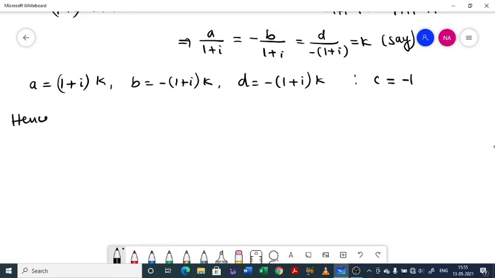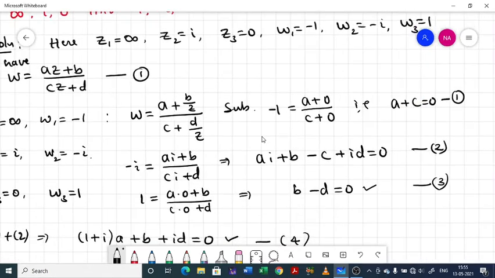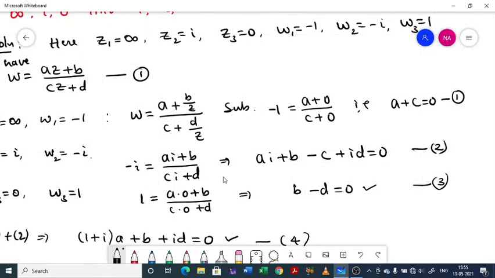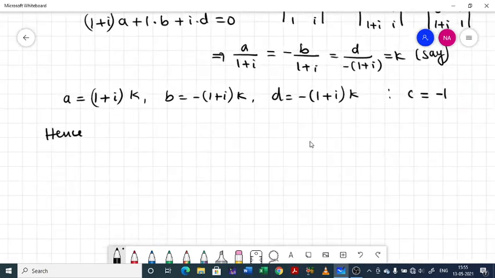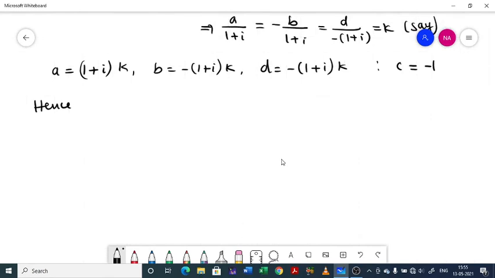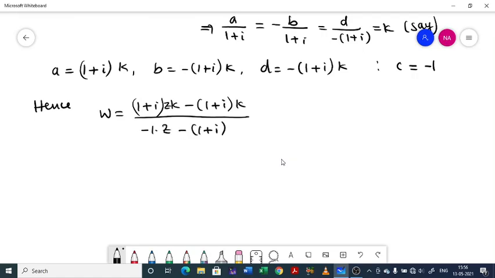And now by substituting these values in equation 1, you can get c equal to minus 1. Hence from equation 1, I am calling equation 1 two times, I think. That should not happen actually. Okay, so from this we have the value of c. Now from the formula for bilinear transformation, we have w equal to 1 plus i into k minus of 1 plus i into k divided by minus z value minus 1 into z minus of 1 plus i into k.